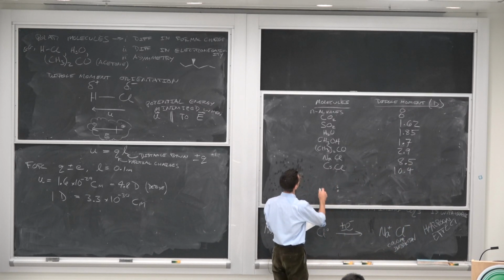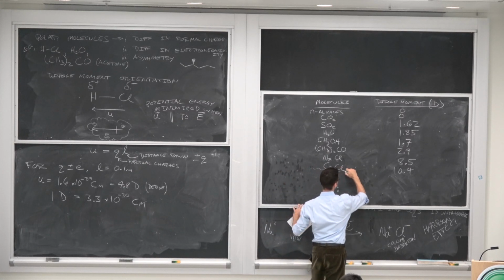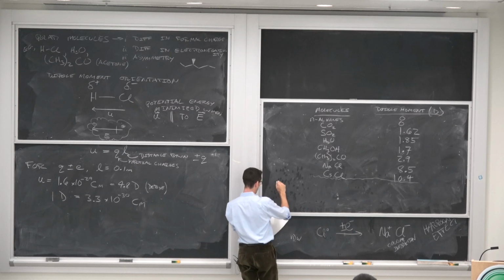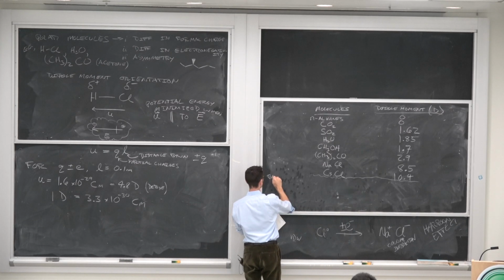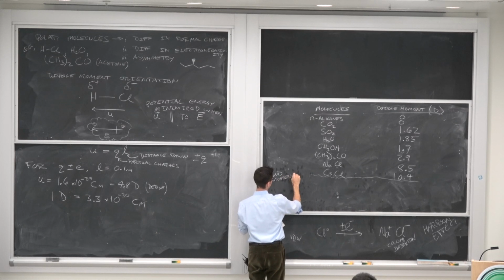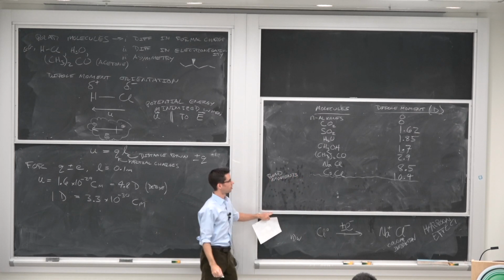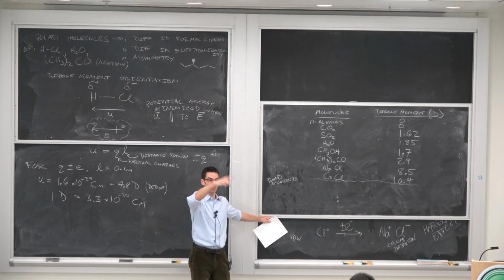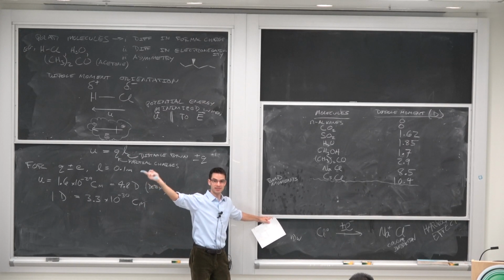We can also have bond moments, where we take all of the electronegativities and do some trigonometry and calculate what way the dipole moment vector is going to go.